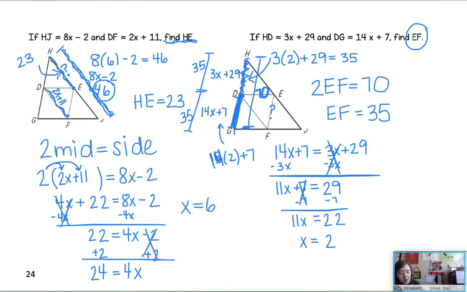We now know that EF is going to be the same as DG is going to be the same as HD, right? And we could have done the same thing over here. DF is the same thing as HE is the same thing as EJ. You're exactly right. You could absolutely think about it that way.